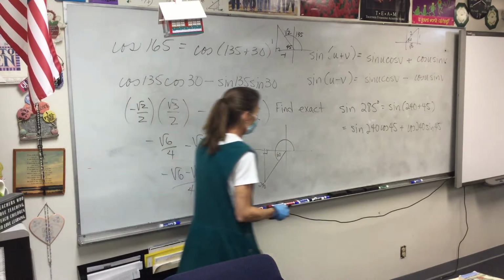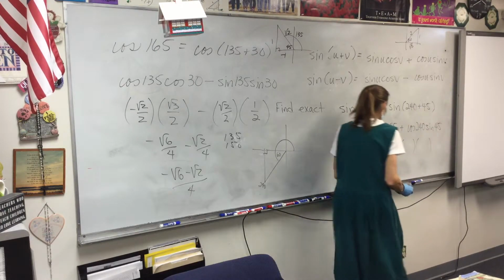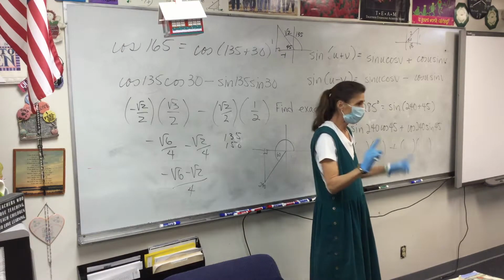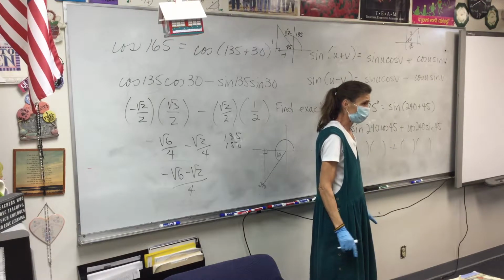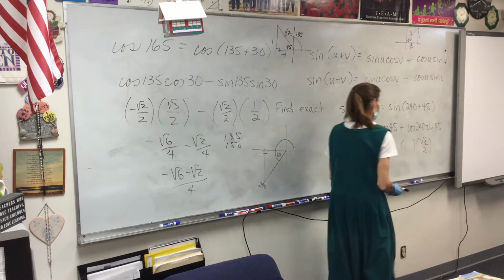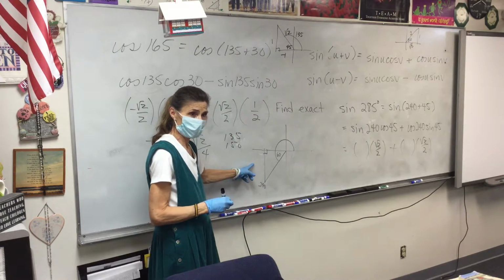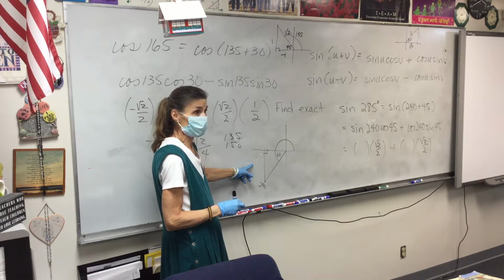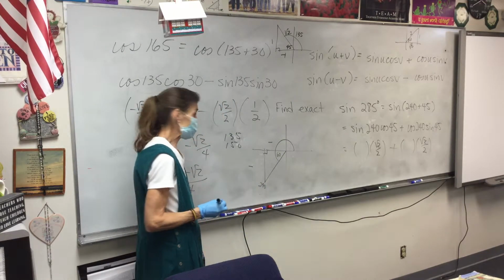And then just like before, we're going to plug in numbers. We did the 45s already. And since the 45s are both the same, I don't have to worry about getting mixed up. What's the sine and cosine of 45? Root 2 over 2. Now I got to do my 240, and I've already drawn part of it here. Does it have anything to do with being in the third quadrant? Absolutely it does, because these two are both going to be negative, right? Now it's not going to impact the numbers.